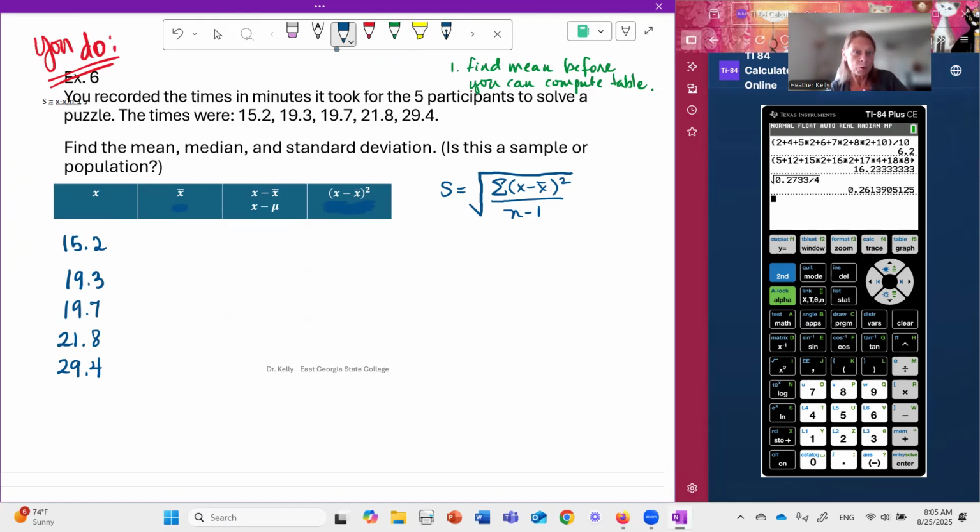Okay, I'm going to give you a couple more minutes to keep on working on this. This is the last example. It doesn't really do me any good to do a whole bunch of examples.